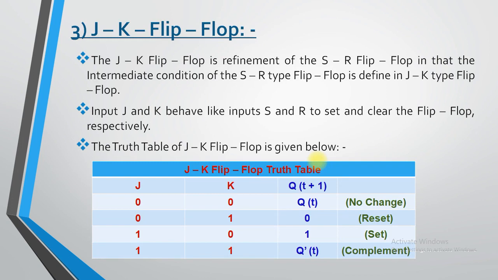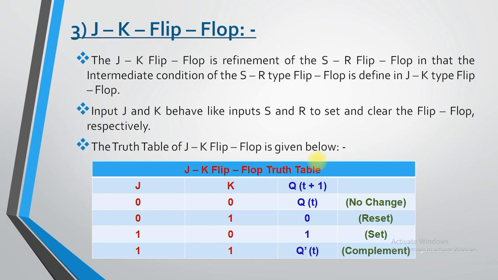Now the next flip flop is the JK flip flop. In the JK flip flop, again it depends on the SR flip flop conditions. Remember the truth table of SR? The SR flip flop contains 4 different conditions.